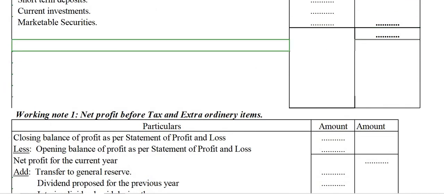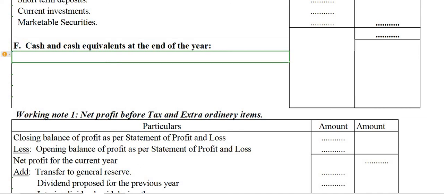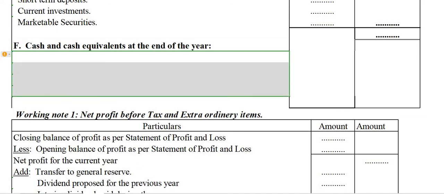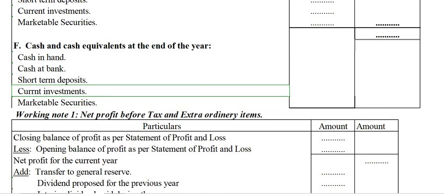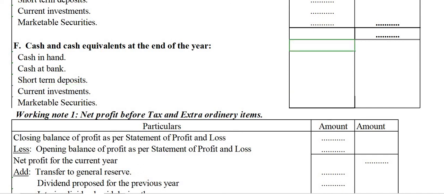Then we'll write the next heading, cash and cash equivalent at the end of the year. That also the same way, the closing balance of cash as well as cash equivalent will be mentioned. All the items will be mentioned for the closing balance, and we will mention its amount also inside.